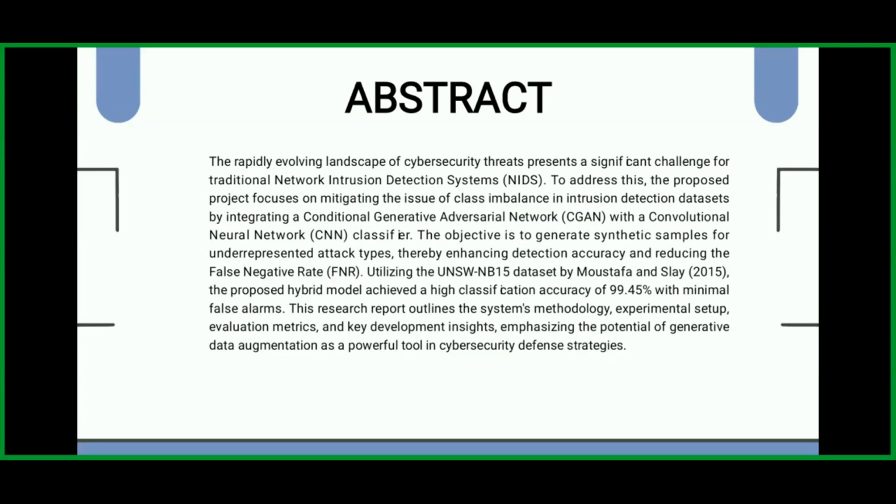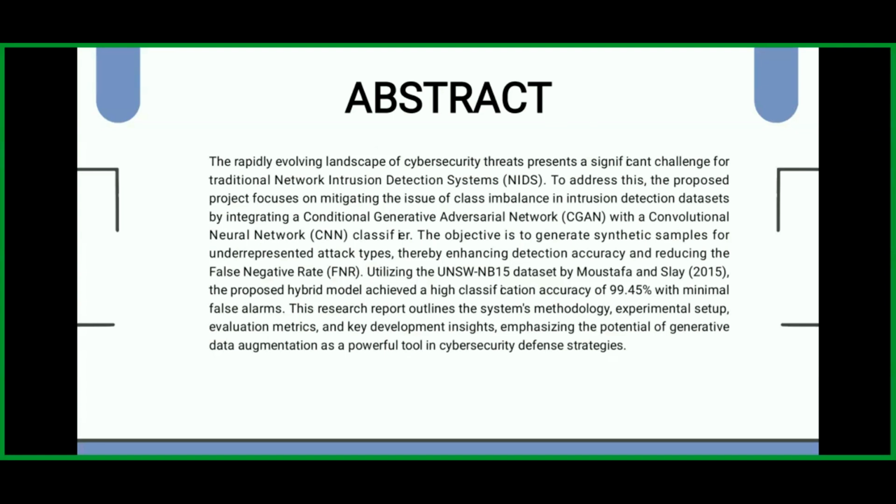For that purpose, we use CGAN, where fake attacks are created as data augmentation. The purpose of the CGAN was to generate multiple fake attacks. When these attacks are created, the class imbalance in the dataset is resolved.